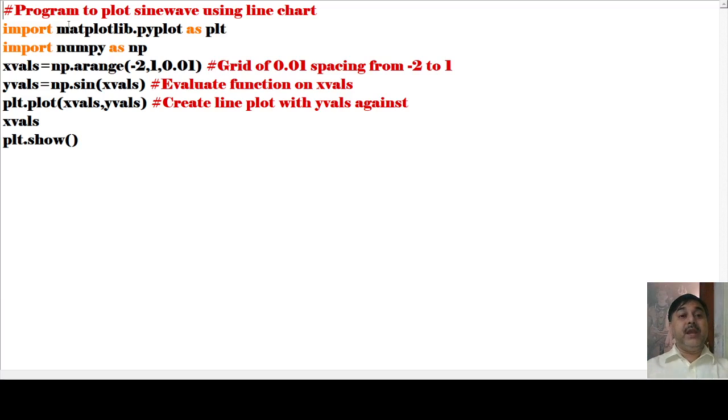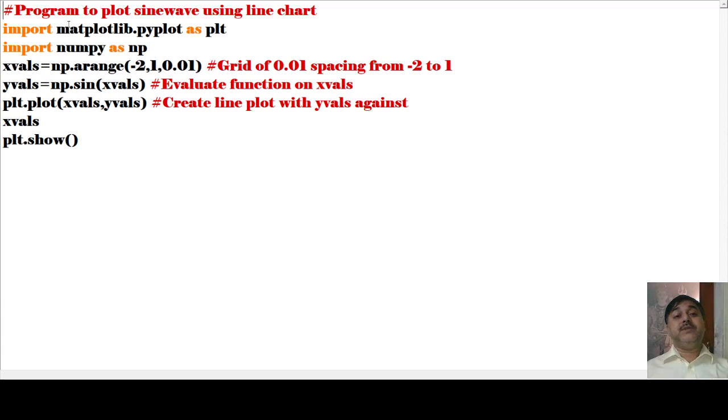And now yval has been given: np, that means numpy, sin of xval. That means we are using the sine function of x value, based on which it will calculate.